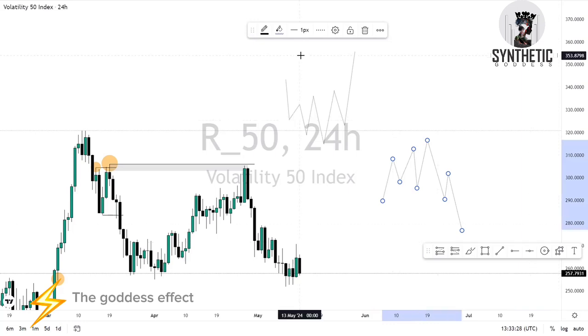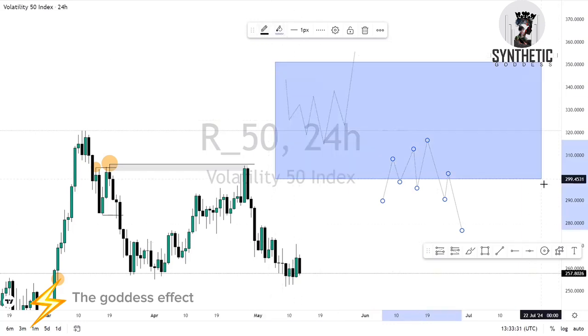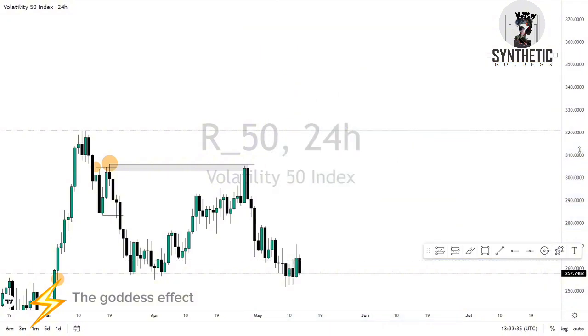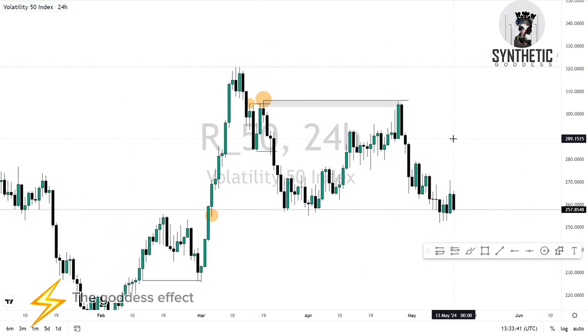The first way to use your major is identifying break of structure. Yes, when market breaks majors. And also, please take note, majors differ on different time frames, so you don't get yourself confused. If we take a lower time frame major, it can be a liquidity for higher time frame.